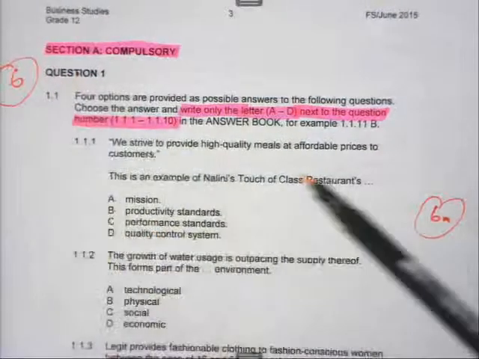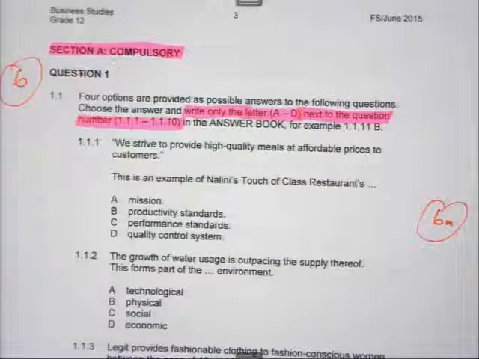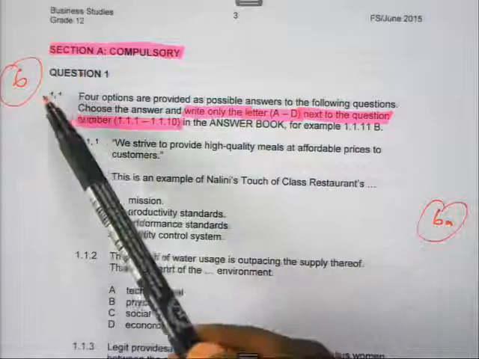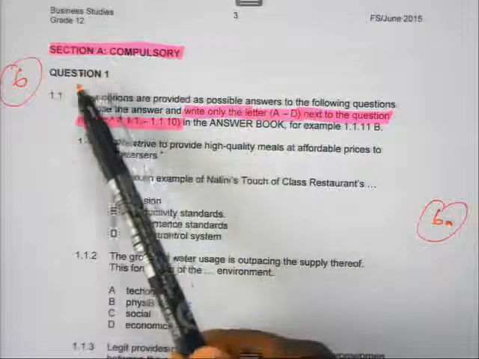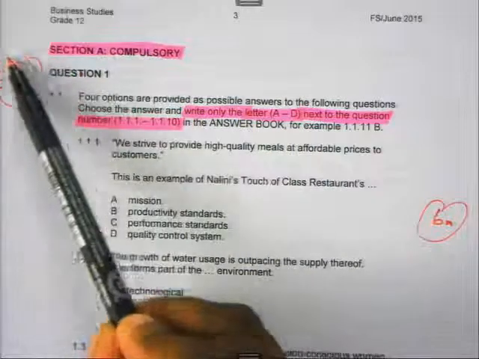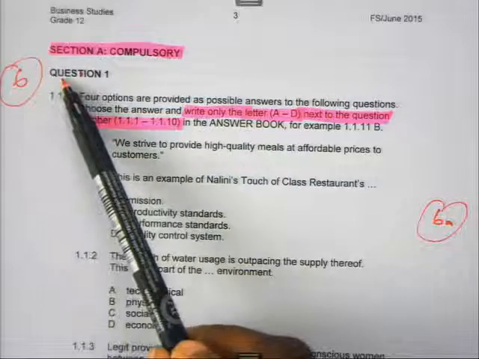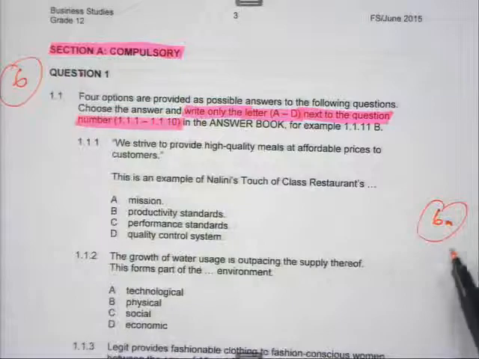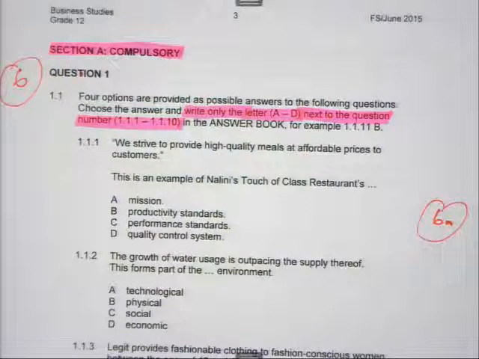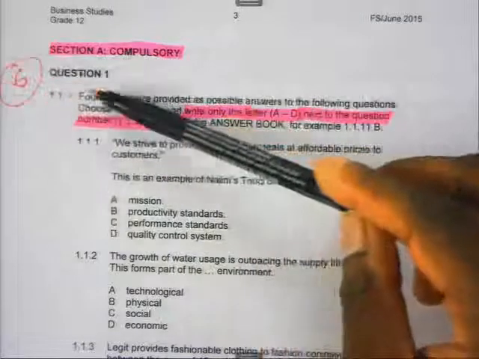So when you take a learner script, for the total of each question, you will see a circled total on the left-hand side next to each question. But on the right-hand side, those are the subtotals, and when you add those subtotals, they should give you the grand total of the question. This is what this instruction means.